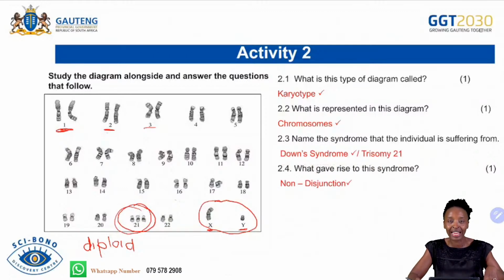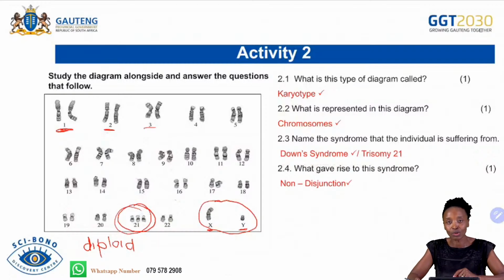To separate. And remember now, they fail to separate, and then if that ovum or a sperm cell has an extra copy and it is fertilized by another normal cell, the individual will have an extra copy on chromosome pair number 21, they will have 3 instead of 2, and that is Down syndrome.